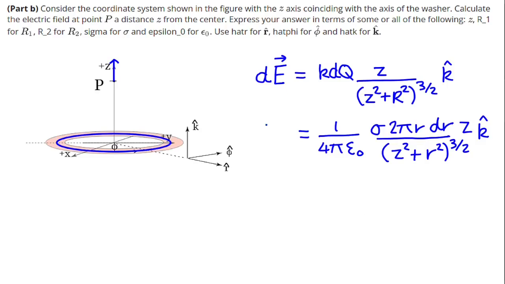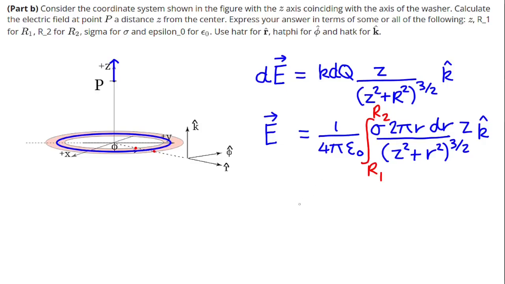So to get the net electric field due to the charged washer, we integrate from the inner radius of the washer being r1 to the outer radius of the washer being r2, effectively summing the contributions of all those rings of charge. So again we use u substitution.